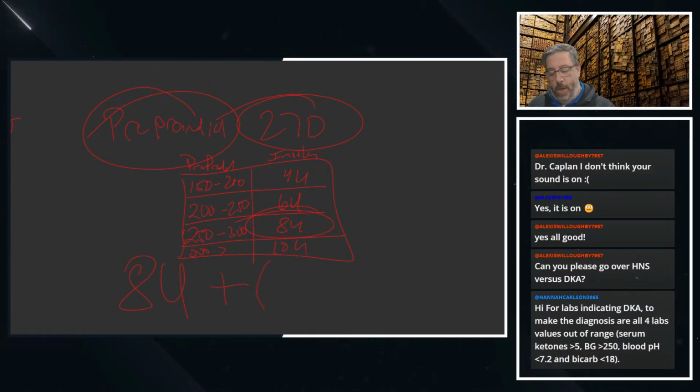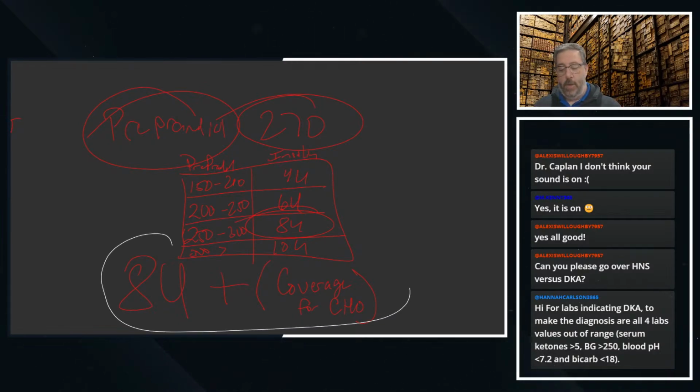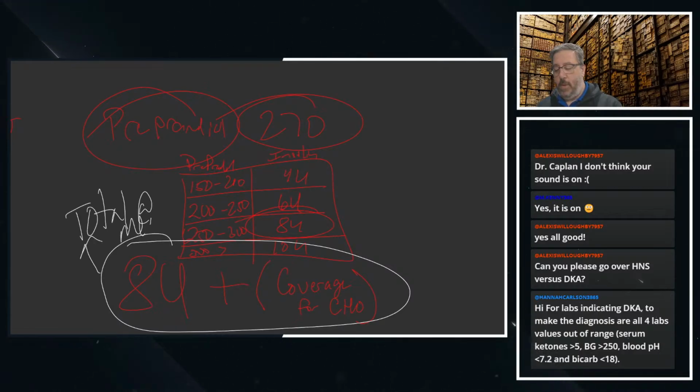Plus whatever your coverage is for the carbohydrate in your meal. And this number together gives you the total at a meal. That's how you get your thing.